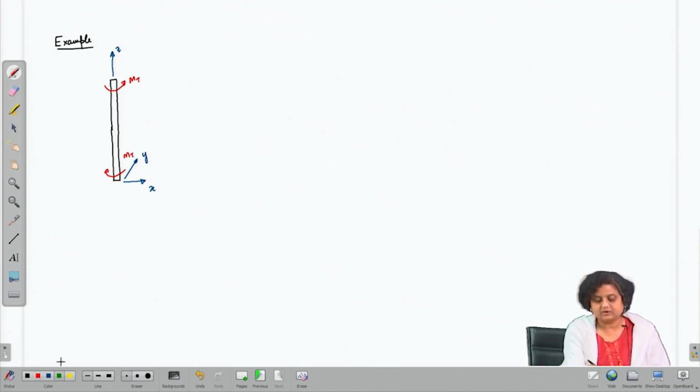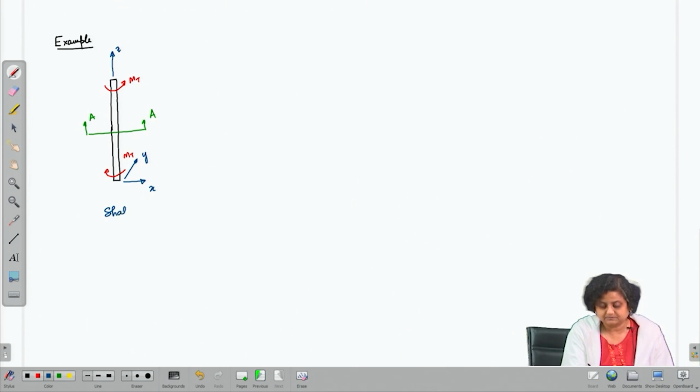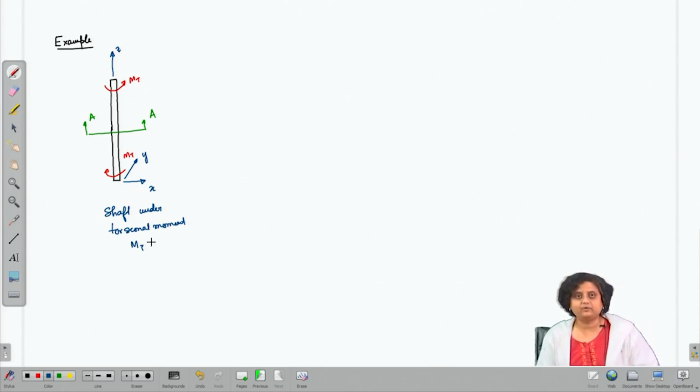So if I take a cross section of this shaft, so let me say that this is the shaft under torsion. So this is the shaft that we have, which is experiencing a torsional moment Mt. Now I have taken an arbitrary cross section of the shaft, which is AA.